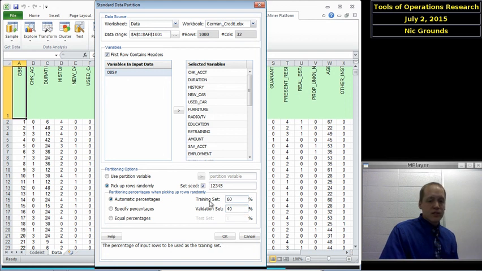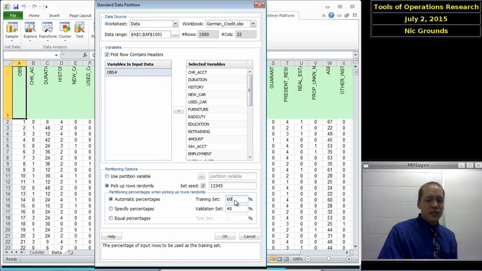The 60% will be used to train or build the algorithm. The 40% of data will be used to validate that we're not overfitting or that we're not finding noisy patterns or patterns that don't exist in the validation set. You can change these percentages. For this class, 60-40 is as good a split as anything else. Okay? There's not a right and wrong answer.